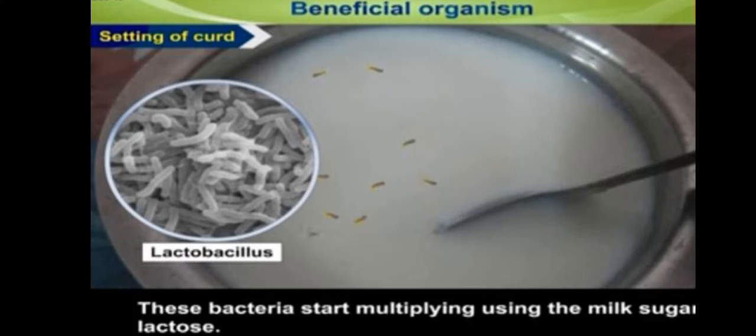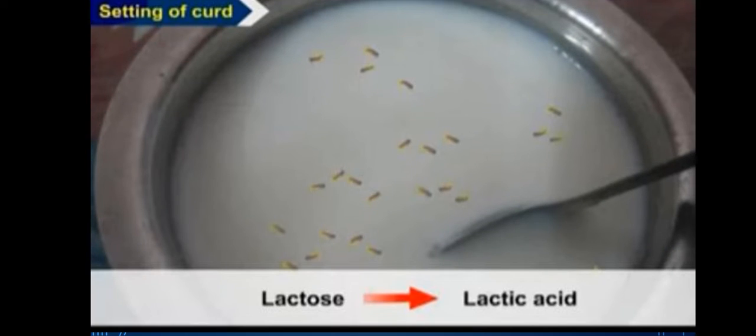When they mix into the milk, they start multiplying. There is a sugar present in the milk which is lactose, and with the help of this sugar they start multiplying and convert this lactose into lactic acid. So this conversion of lactose into lactic acid is the procedure of curdling of milk.